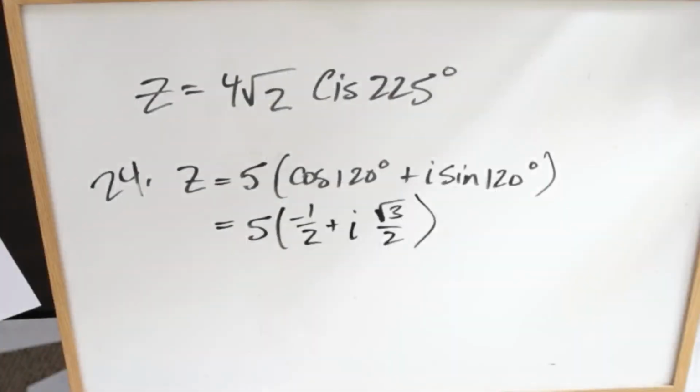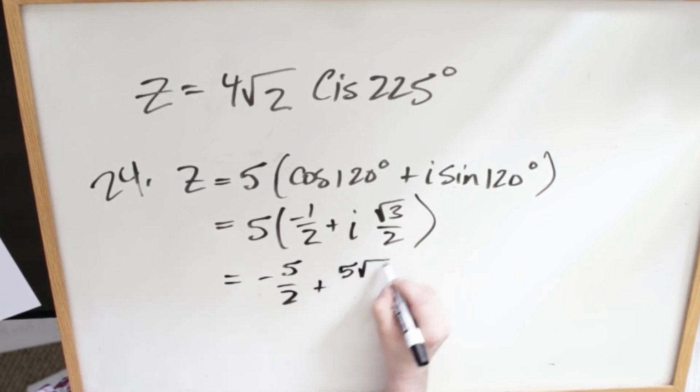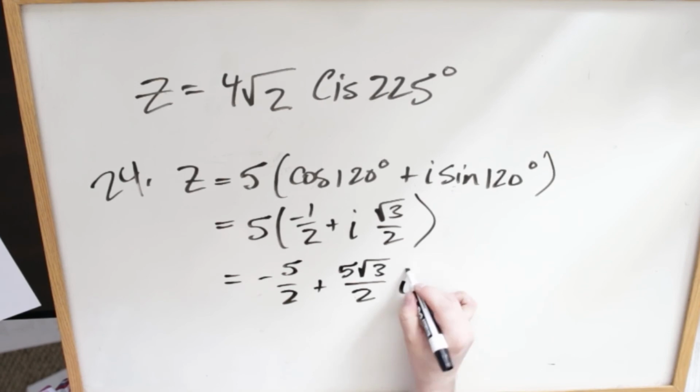I just wrote that down, so there you have it. So now we're going to multiply this all out. This is going to be minus 5/2 plus 5 root 3 over 2 times i, and there is our final form. So again, this is just using the unit circle.